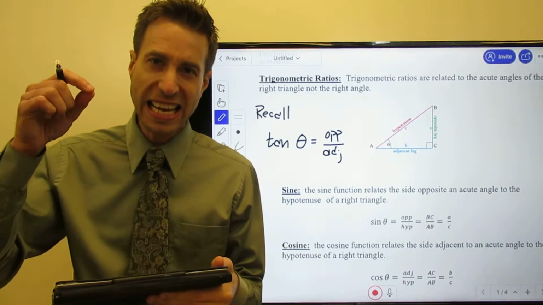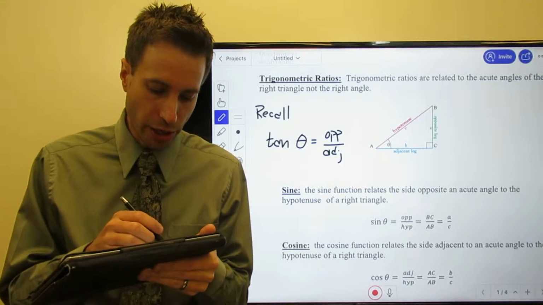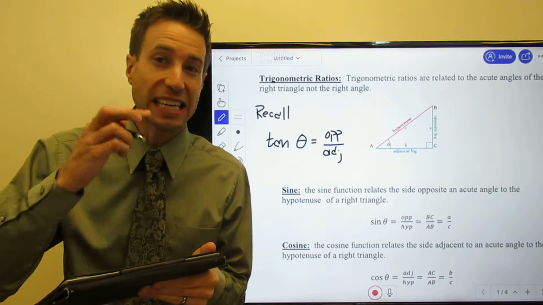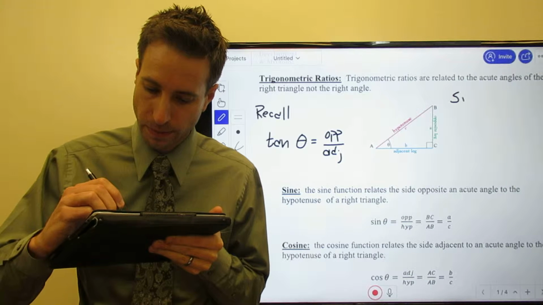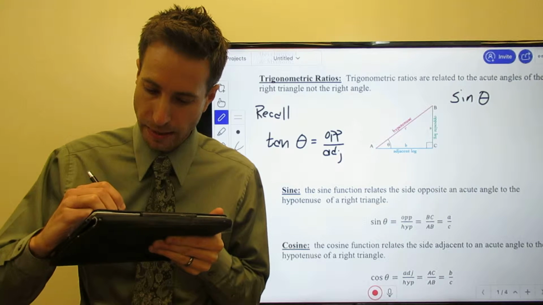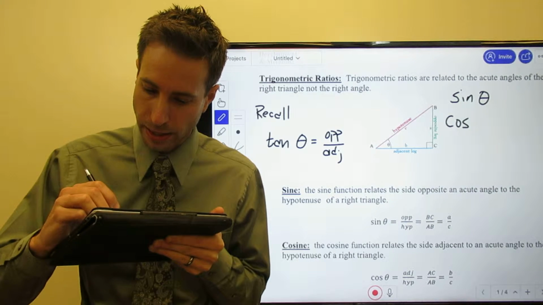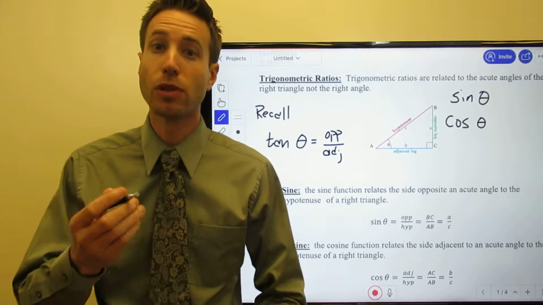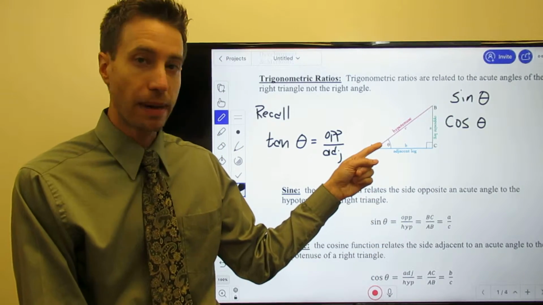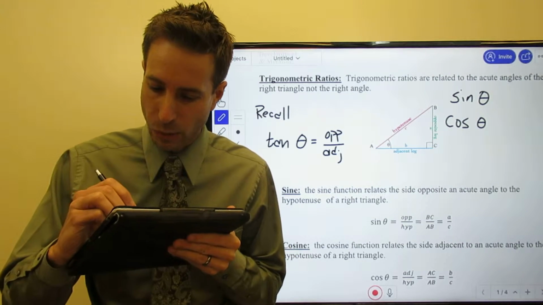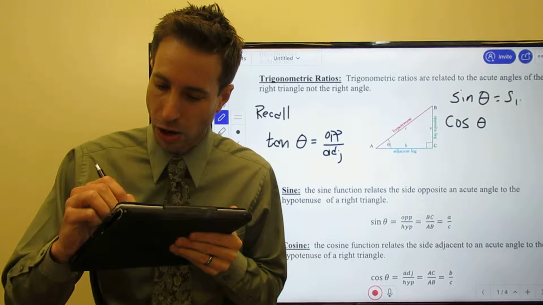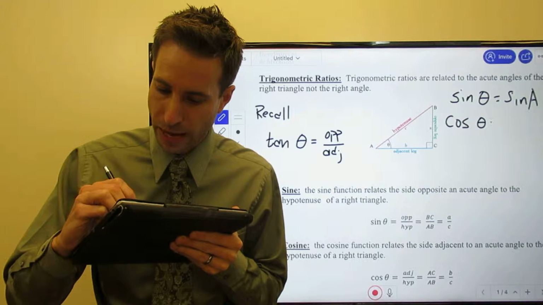In this section, we're going to take a look at the other two trig functions, which are sine theta and cosine theta. Same angle. Generally we're going to call it theta, but we don't have to.